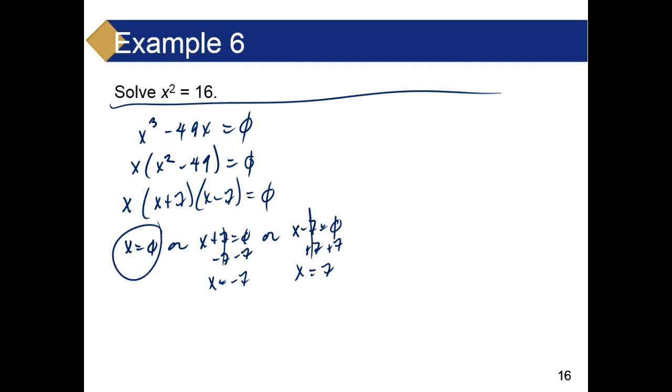But actually, it's easier than that. Negative 7 cubed is negative 7 times negative 7 times negative 7, right? Well, what's negative 7 times negative 7? Positive 49.